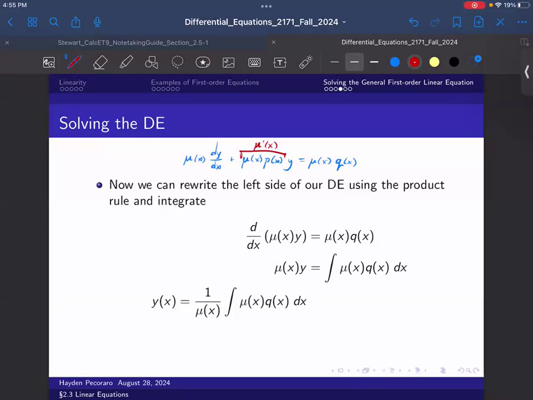Okay. And so that allows us to rewrite this part as mu dy dx plus mu prime y, and then undo this using the product rule, and we get what's next in the display.